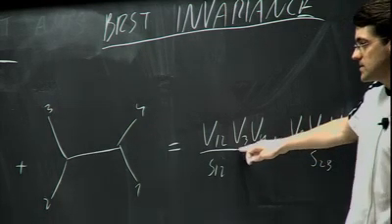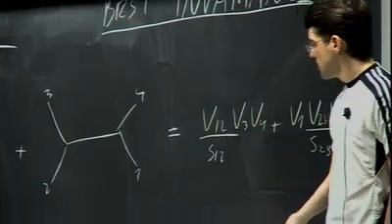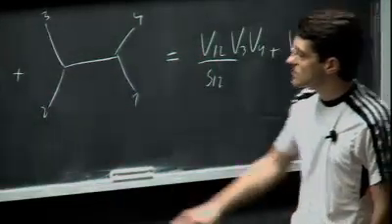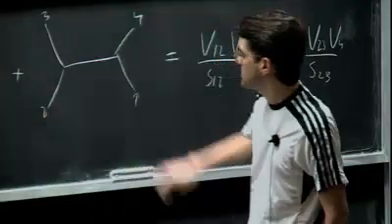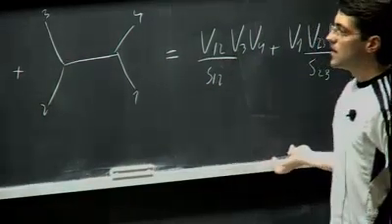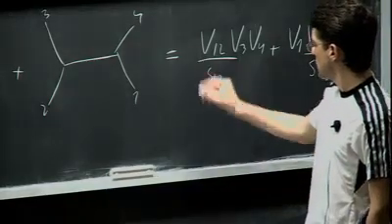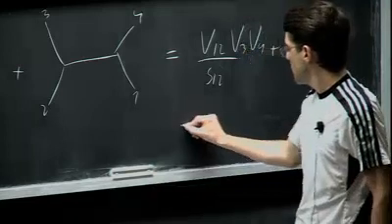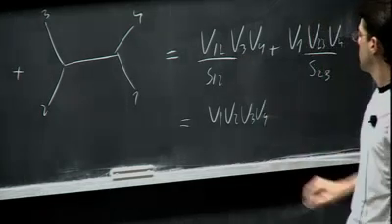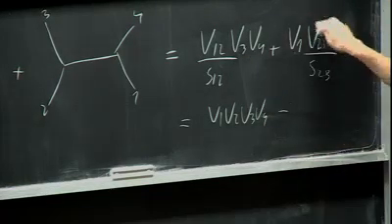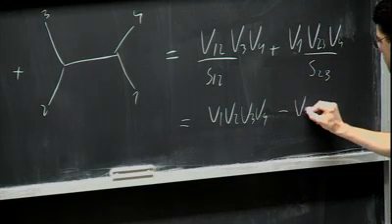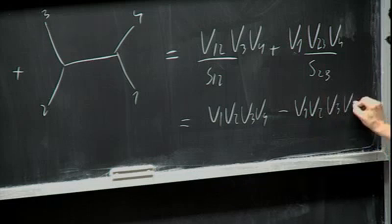Let's see what happens with this guy here. Let's compute the BRST variation. That's our ansatz for this amplitude, simply by looking at the structure of the diagrams, and it's a kind of intuitive thing to do at this level. So we compute the BRST variation of that one, and we will get V1, V2, V3, V4 for that one, and now minus, because Q anticommutes with V1, minus V1, V2, V3, V4, and that's 0.